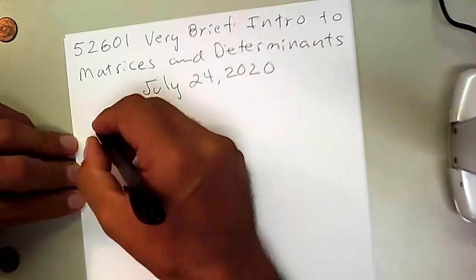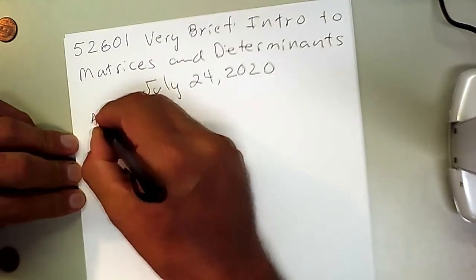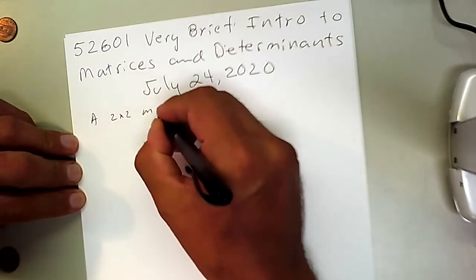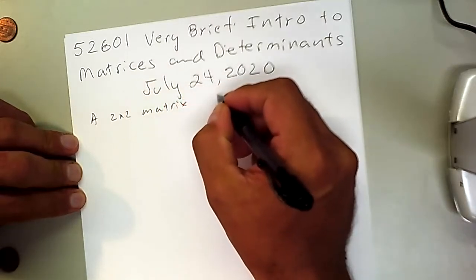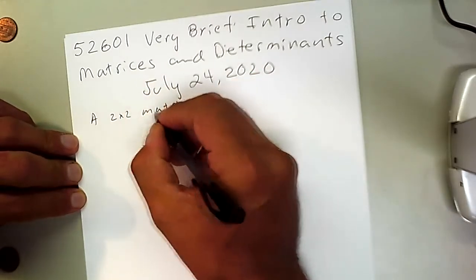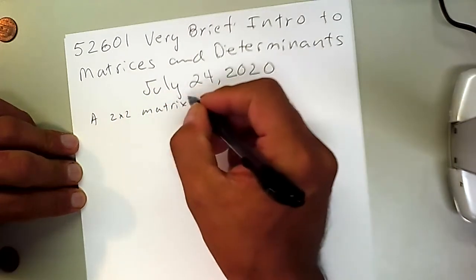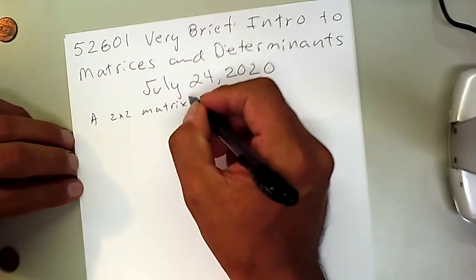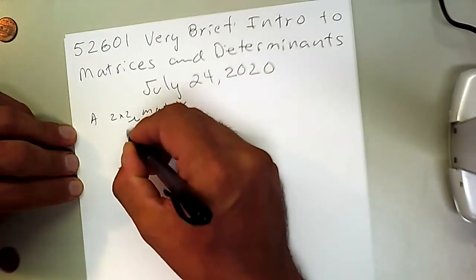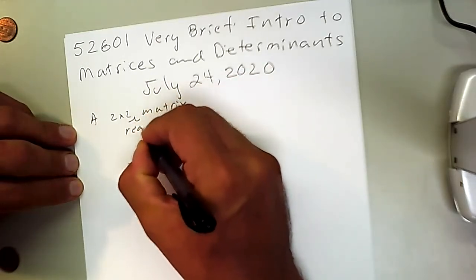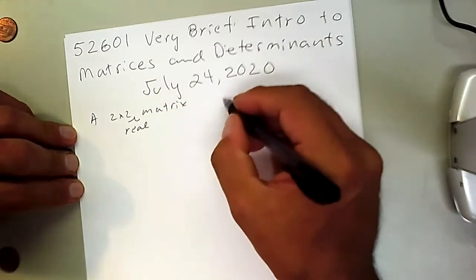So a matrix is, well, a 2 by 2 matrix is an array of 4 numbers. It is understood that we use real numbers, and sometimes we use sets that are not real numbers. So we're going to assume we have a 2 by 2 real matrix, which means we have an array of 4 real numbers.